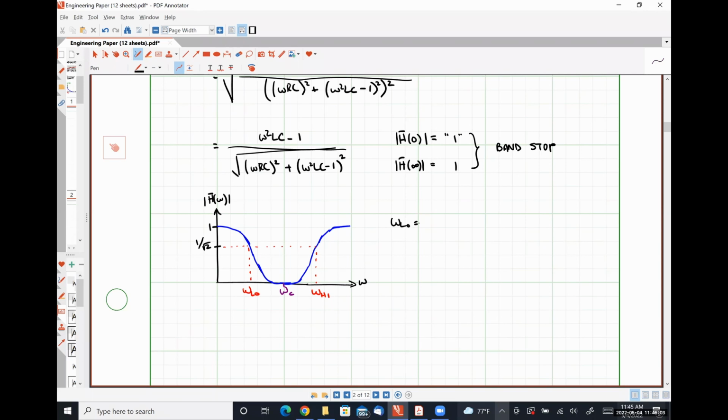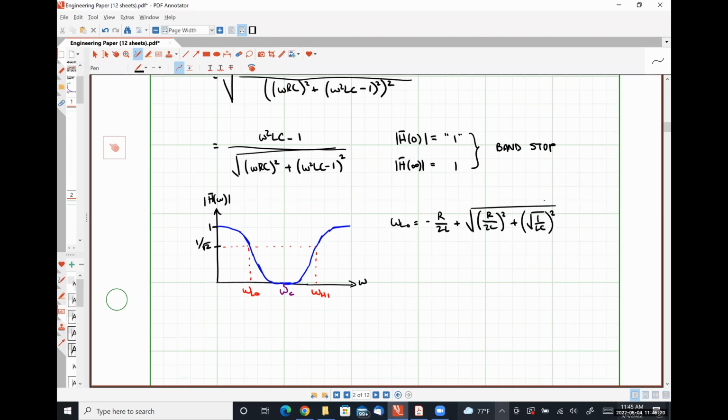Omega low was negative R over 2L plus the square root of R over 2L squared plus 1 over LC.